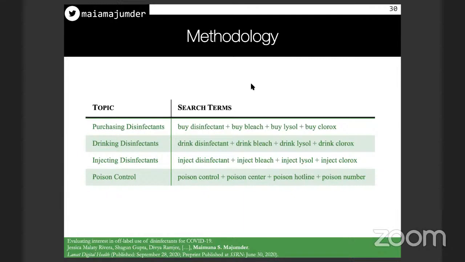We pulled data from Google search trends for these search terms, but we also pulled news media data pertaining to these topics as well, so that we could implement a debiasing procedure to separate interest in President Trump's remarks due to media-generated interest from true interest in the off-label use of disinfectants. The autoregressive machine learning procedure designed to debias the search query data of media-generated interest is detailed at length in the supplementary materials that accompany this paper, for those who might be interested in digging into it.